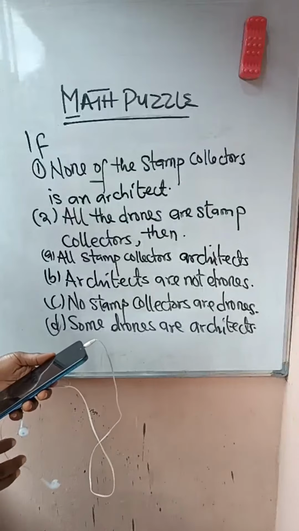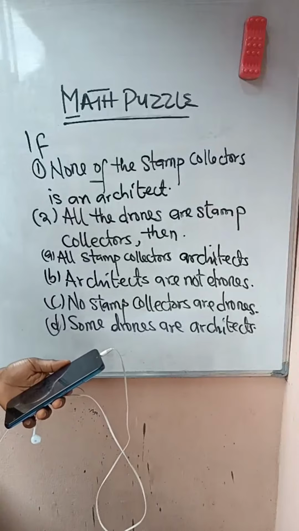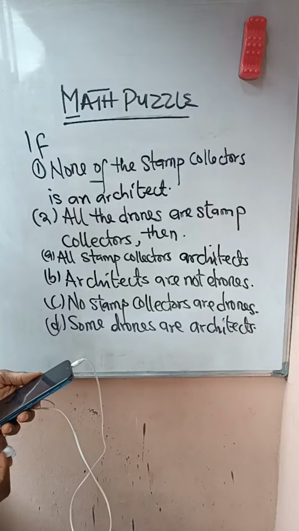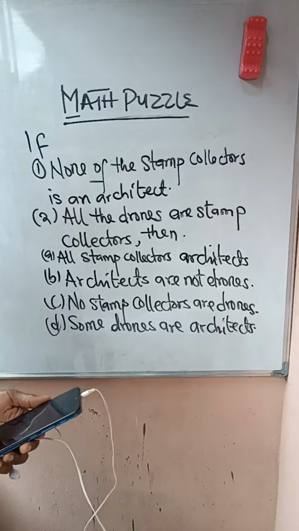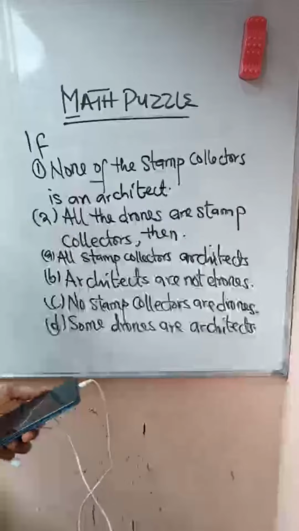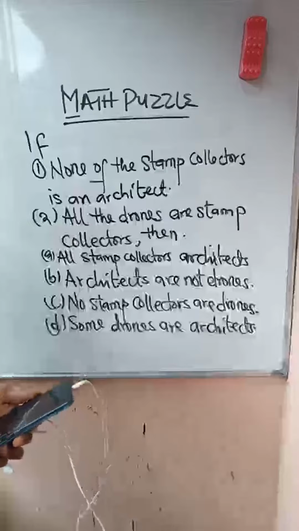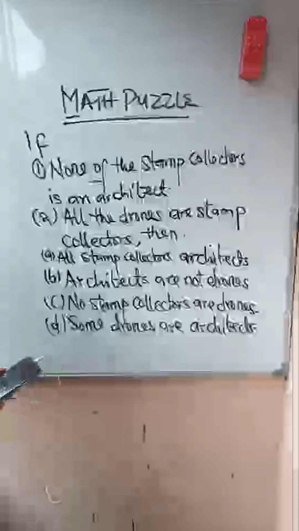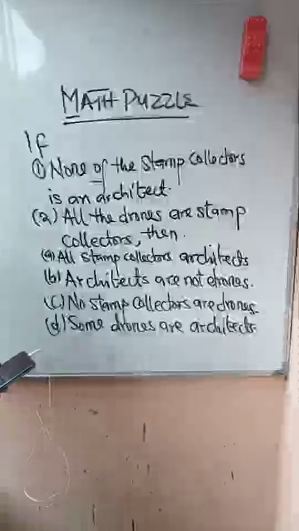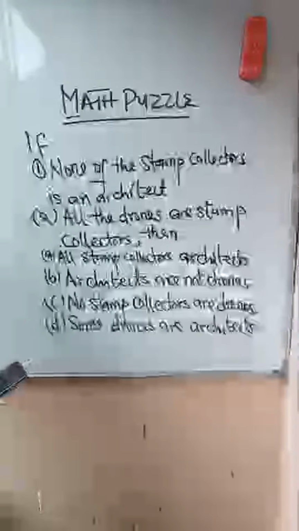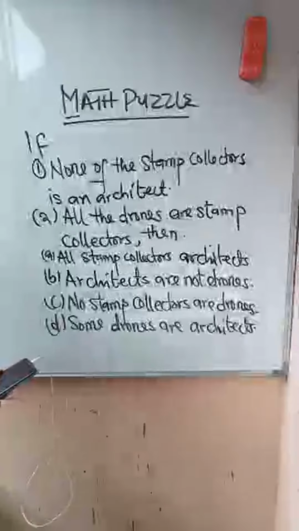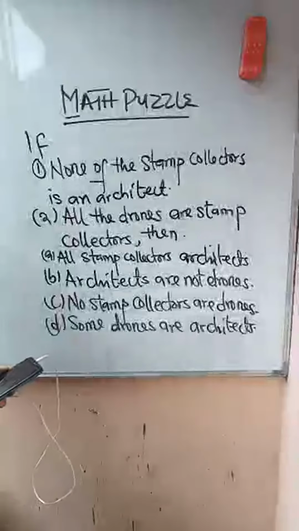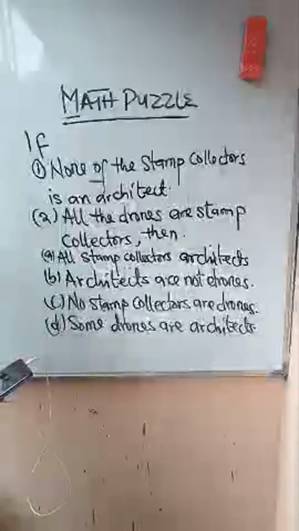This is simple. Now I'm going to read it out. Remember how we did the first one? You can still apply the same method. My friend says A. We read again. If none of the stamp collectors is an architect, all drones are stamp collectors.